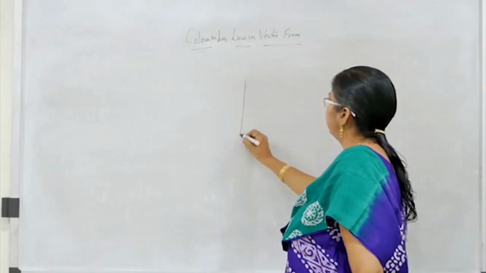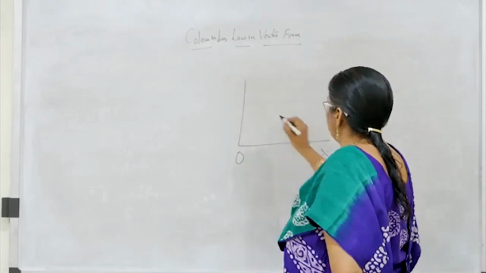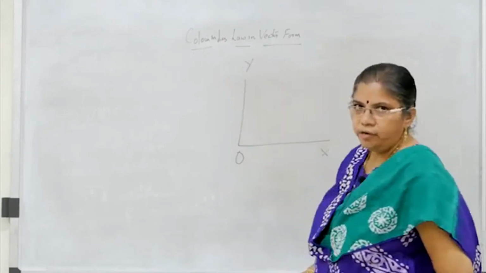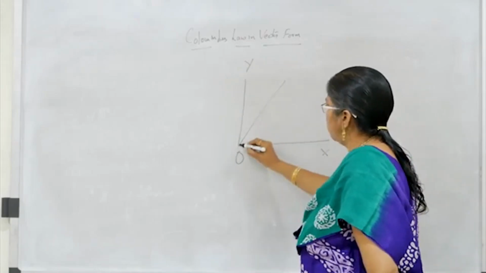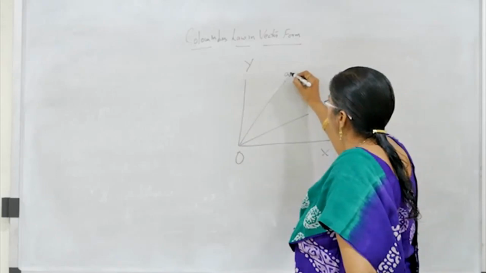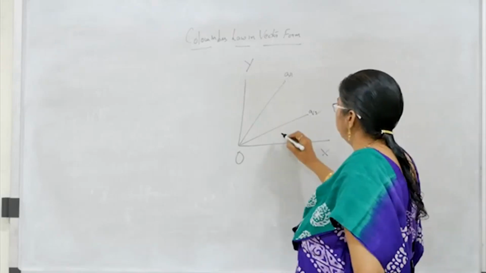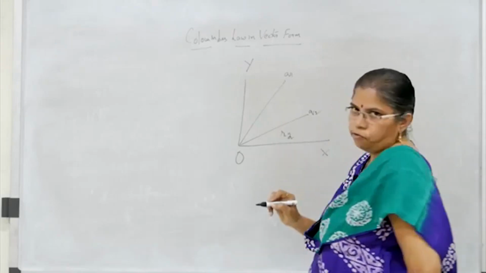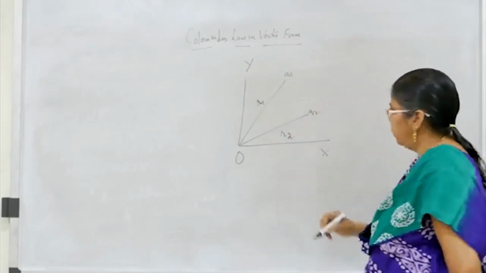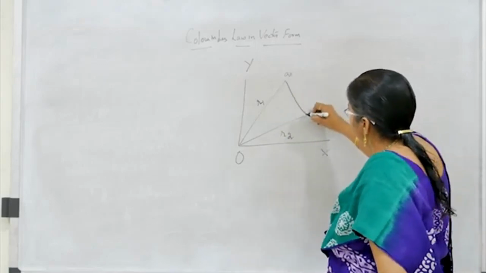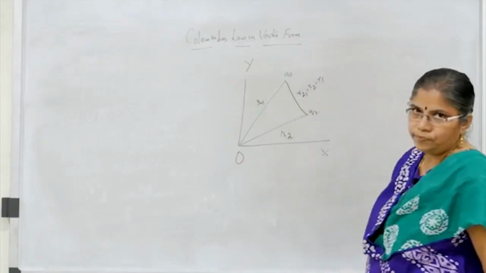I take here O, X, Y. So X and Y axes I have taken, and I have taken two charges Q1 and Q2, and I have taken R2 as the position vector for Q2 and R1 as the position vector for Q1, and R21 is given by R2 minus R1.